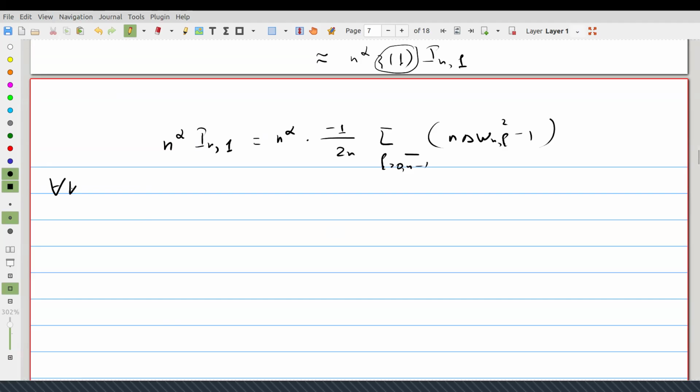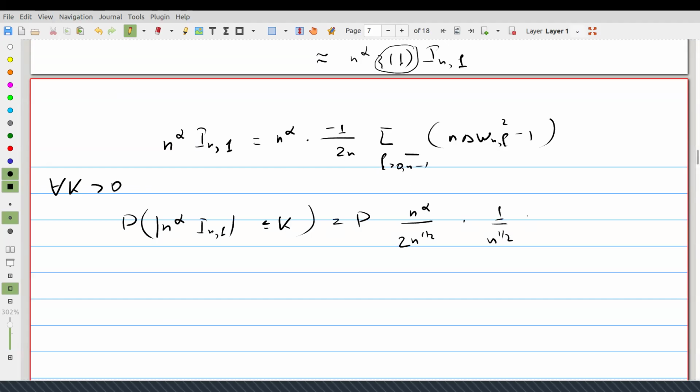Now, for any k greater than 0, the probability that this is bounded by this k is actually the probability that n alpha n1/2 to 1, I'm splitting this n, sum from k to n minus 1, modulus is less than k.